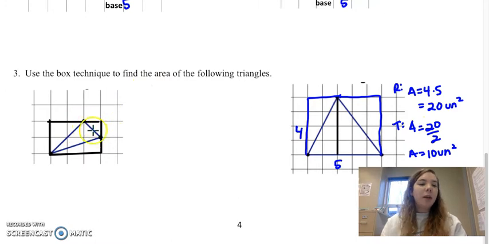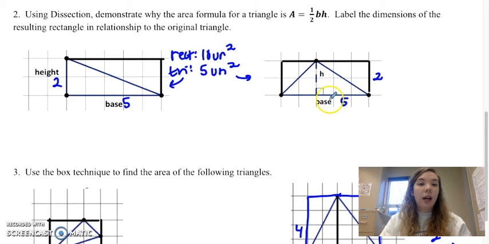But I can't tell my height or this base very easily without using the distance formula. So that's why we're doing this. But when you make a rectangle, it's easy to find your height and your base because they're horizontal and vertical. So on a problem like this, you wouldn't really need the box method.